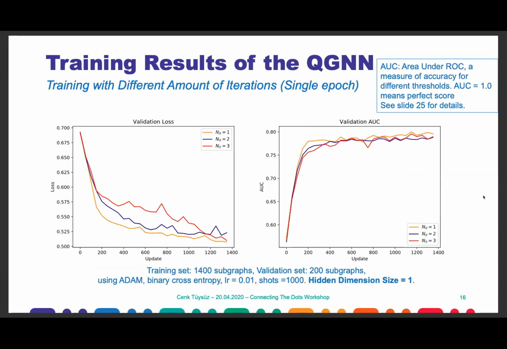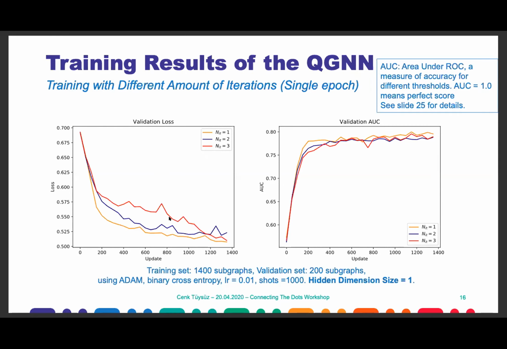Here you see our first results. On these plots, we have 3 different runs with different iterations of edge networks and node networks. On the orange line, you see the best overall result. But you would expect that as we increase the size of the network, the network with the greater size should perform better.